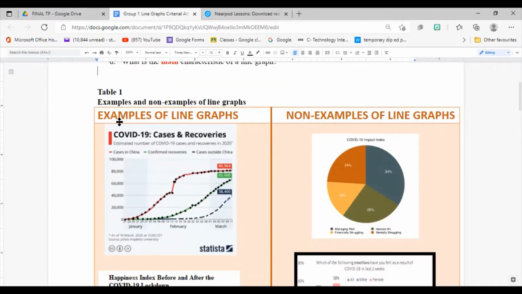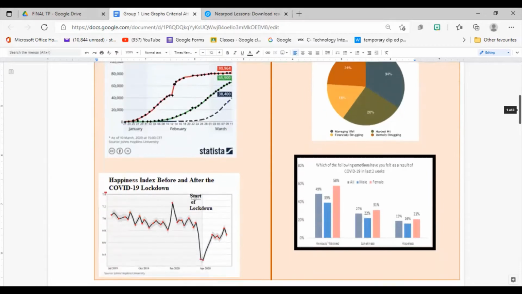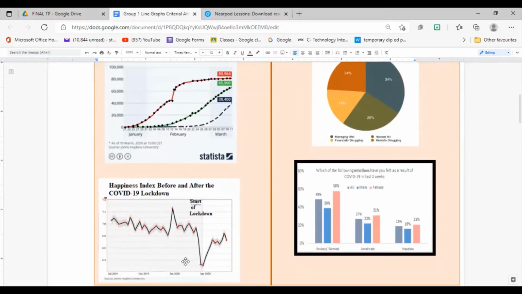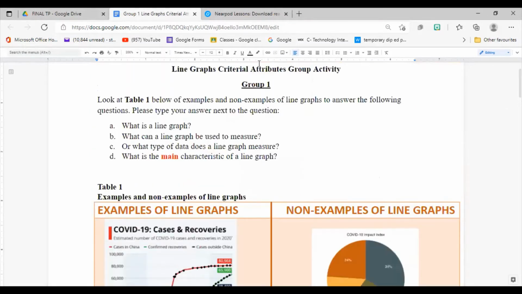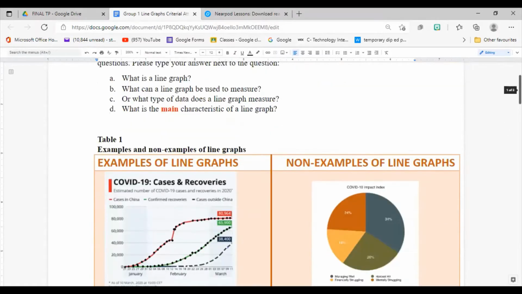right? And table 1 consists of, on this side, examples of line graphs. You see in the mouse, right? Yes, miss. Right. So on this side, it consists of line graph examples. And on this side, it consists of non-examples of line graphs. Okay?